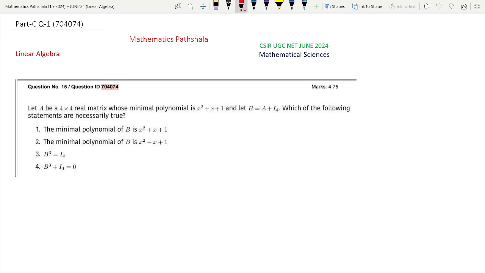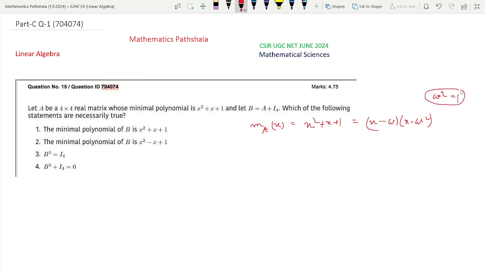Option 1 says that the minimal polynomial of B is this, and option 2 says that the minimal polynomial of B is this. So we have to find the minimal polynomial of B. So see here, the minimal polynomial of A is given as x square plus x plus 1. So this is equal to x minus omega into x minus omega square, where omega is a cube root of unity.